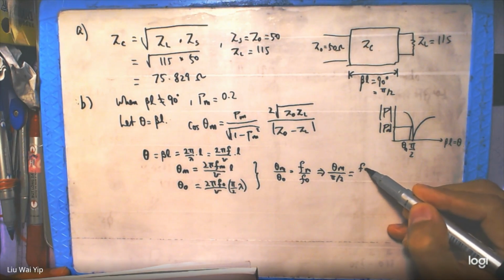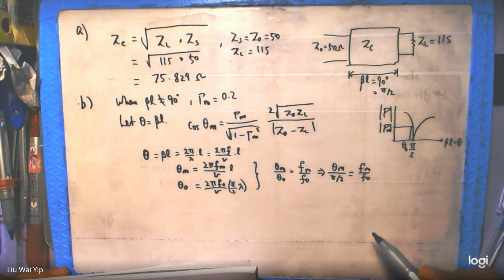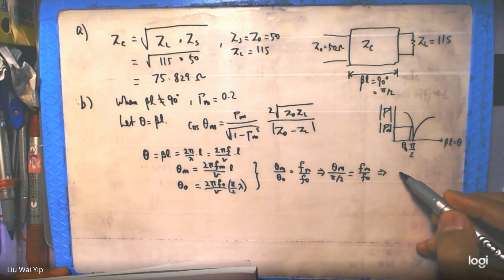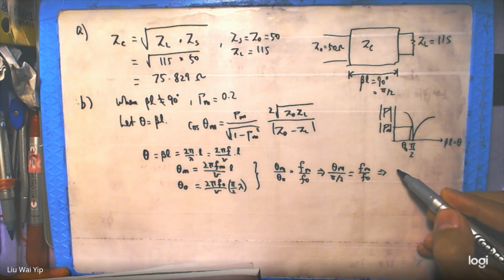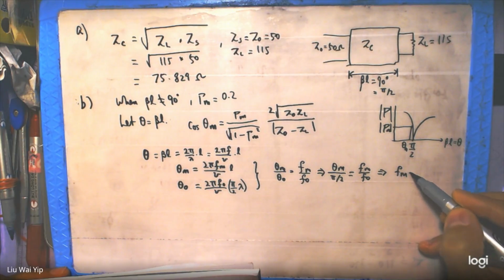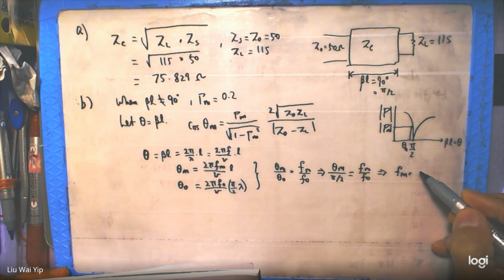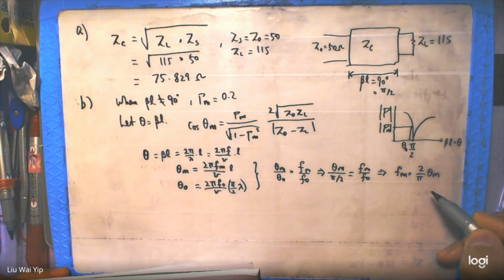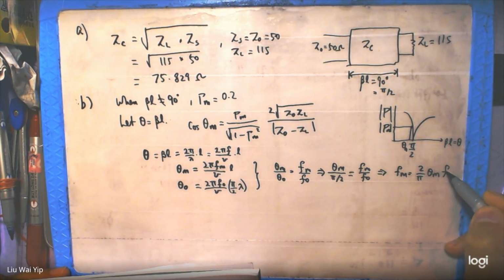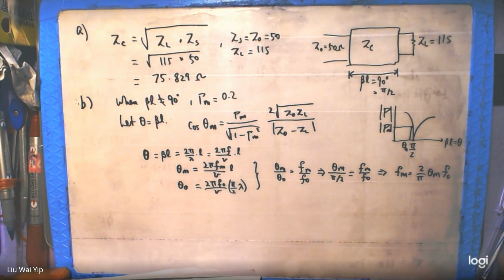Theta m is equal to this. So this means fm is equal to 2 over pi times theta m, and then times f naught. Theta m can be found from this formula.